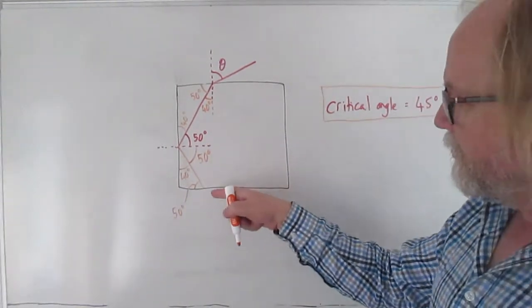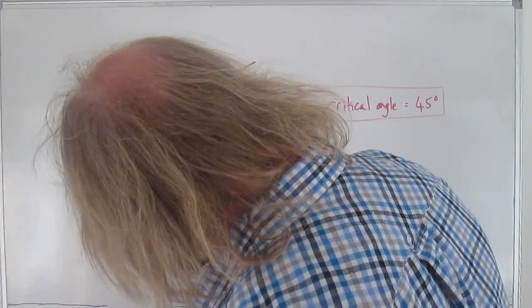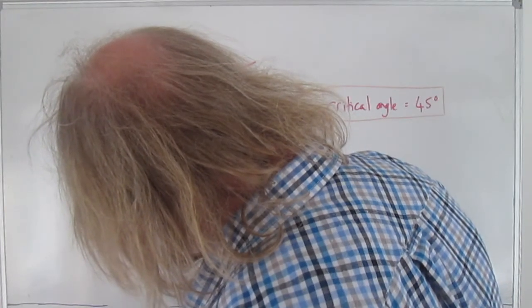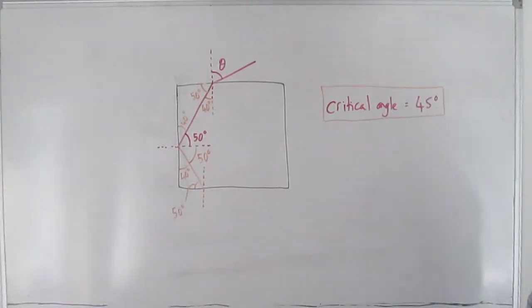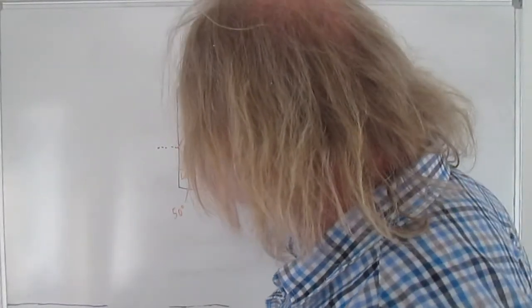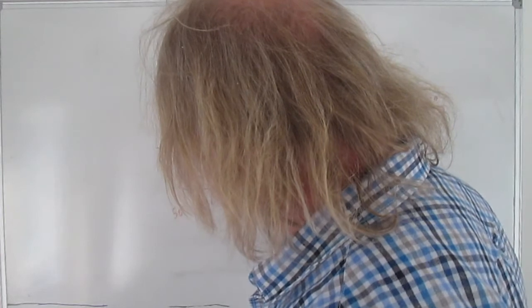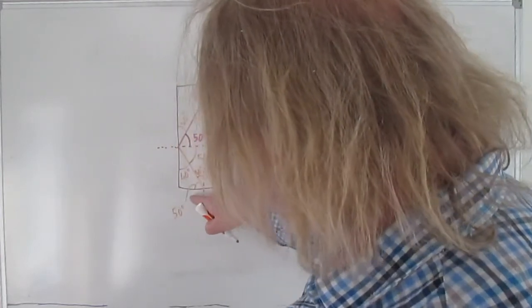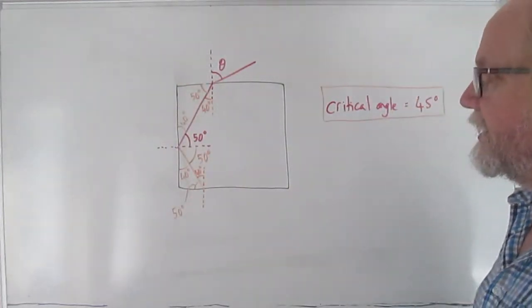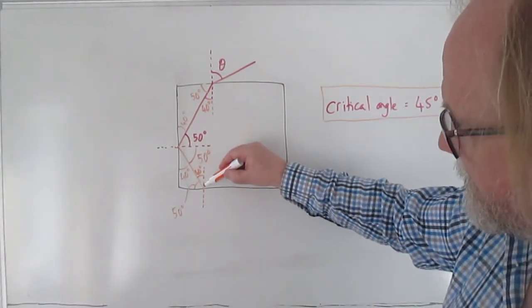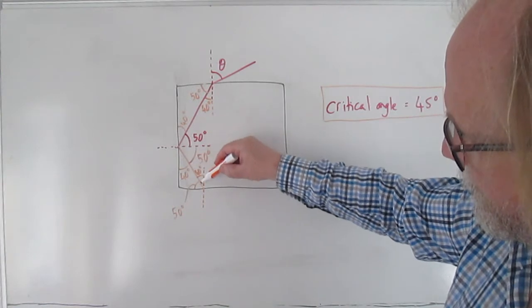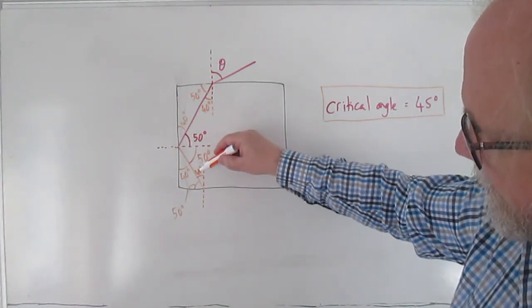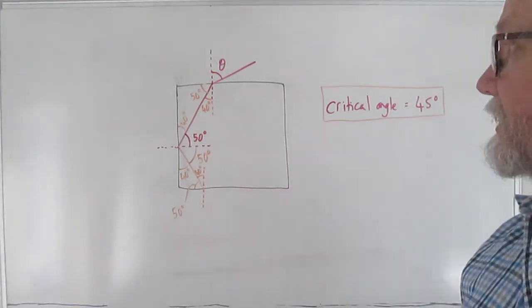So if we now put our normal on here, like that, again perpendicular to the plane that it's hitting, you can see that that angle must be 40 degrees. Okay, because 50 plus 40 will equal 90. So this ray is coming in at an angle of 40 degrees to the normal as the light passes between the denser and the less optically dense medium.